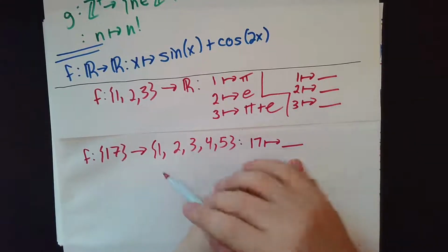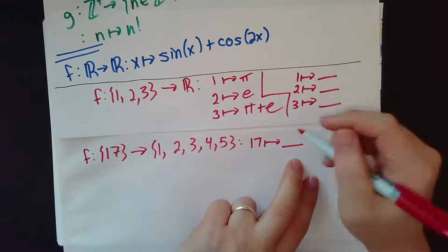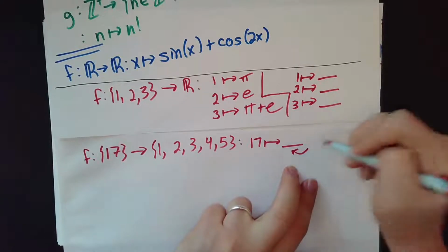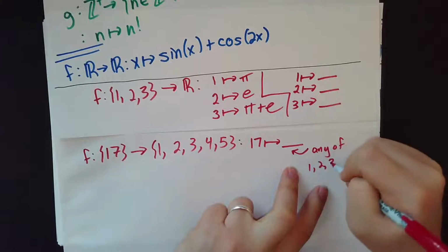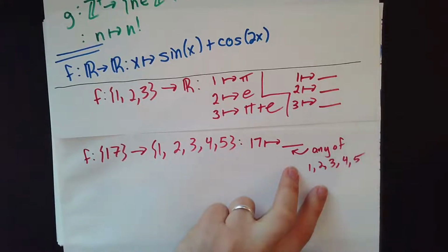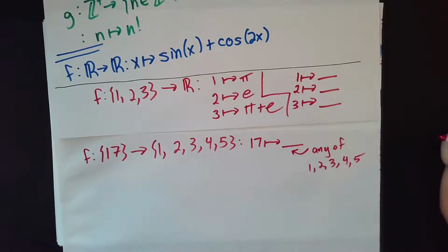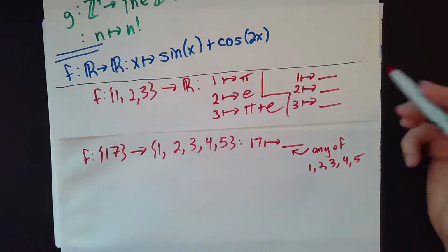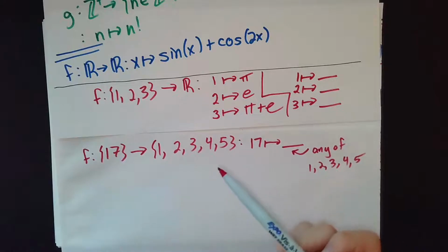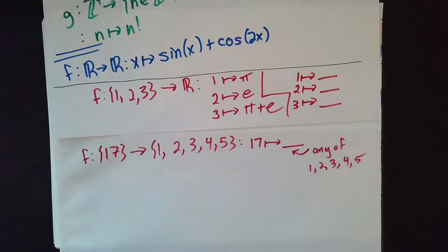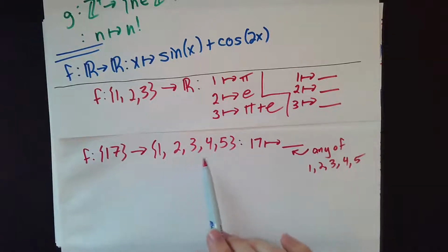And I could pick any of 1, 2, 3, 4, or 5. And those would each give me a different function that goes from the set 17 to the set 1, 2, 3, 4, 5. And so there are a total of 5 functions from the set 17 to the set 1, 2, 3, 4, 5.